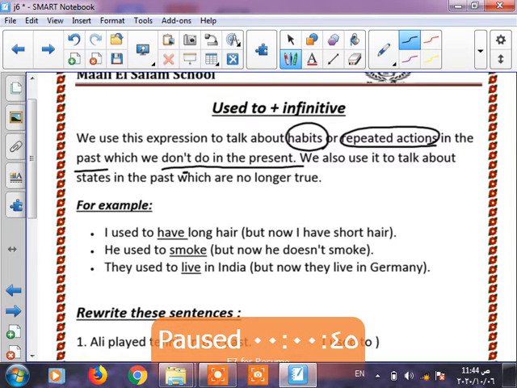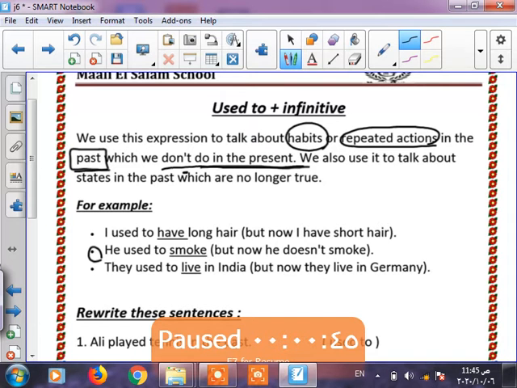Like what? Look at this example. He used to smoke in the past. It means that his habit in the past was to smoke, but now he doesn't smoke. When I say Ali used to play football in the past, it means that he played football in the past, but now he doesn't play.